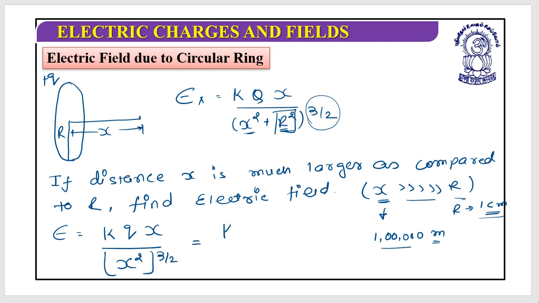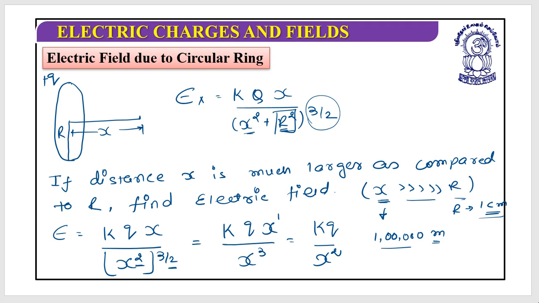So it should look like k q x divided by x cube, so it should look like k q by x square itself. This is the electric field when the axial distance is very large. When the axial distance is very large, I can write it like this: k q by x square.